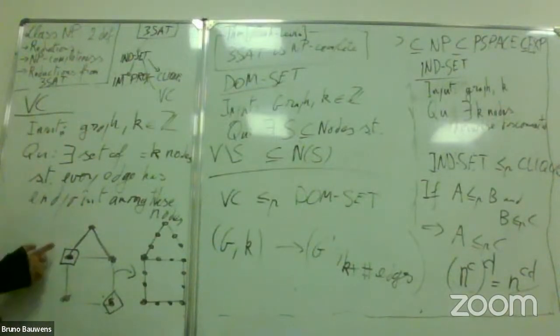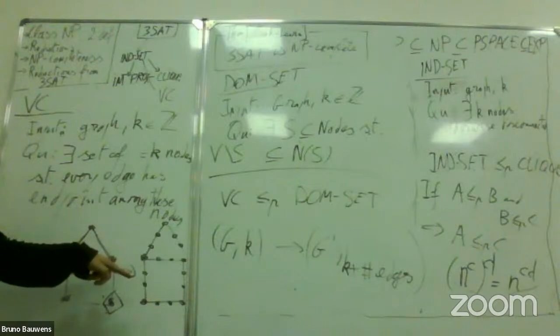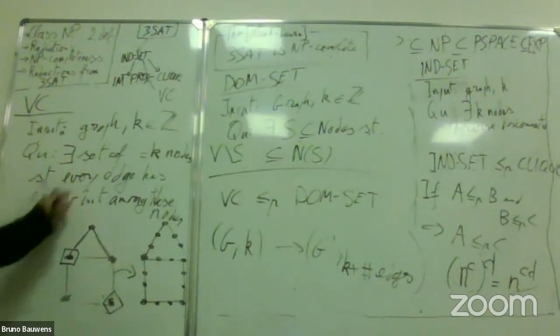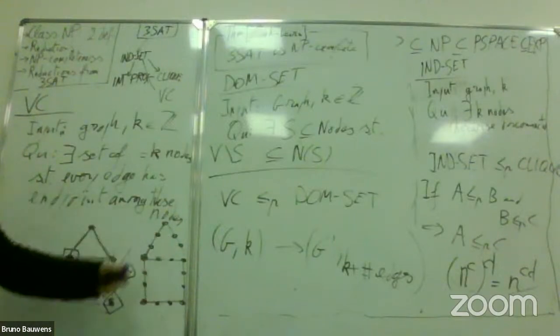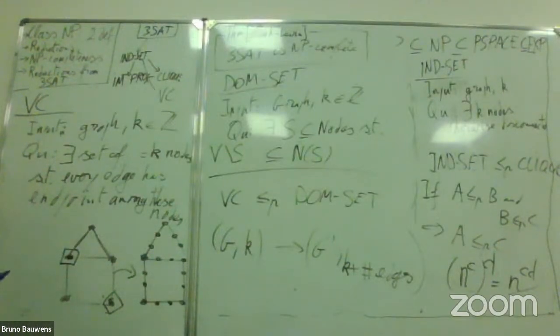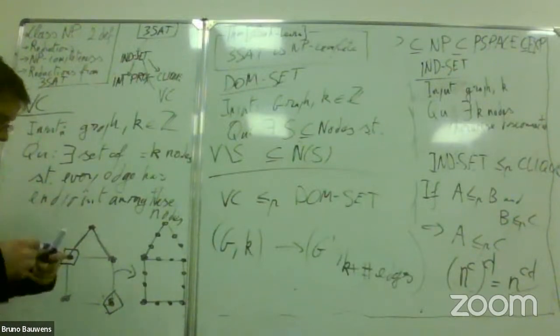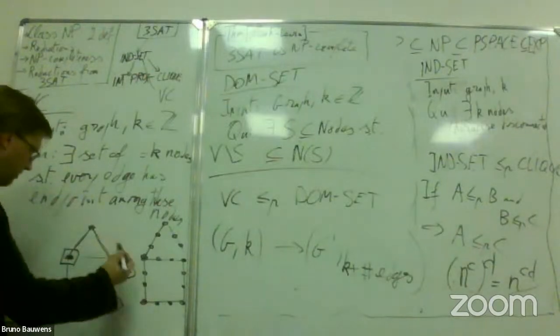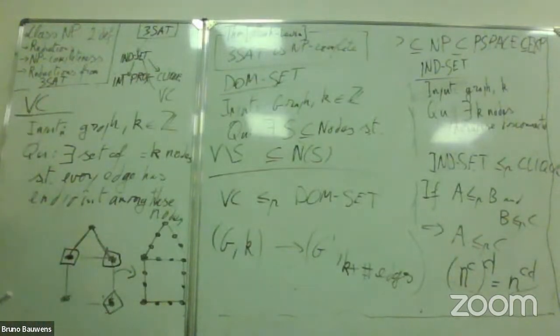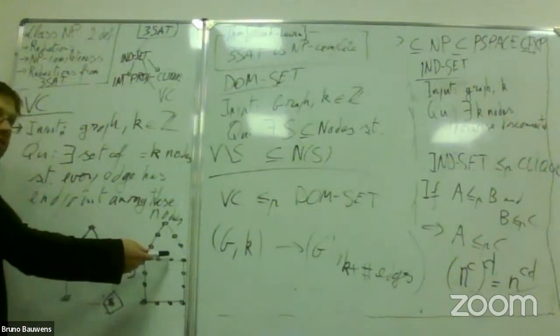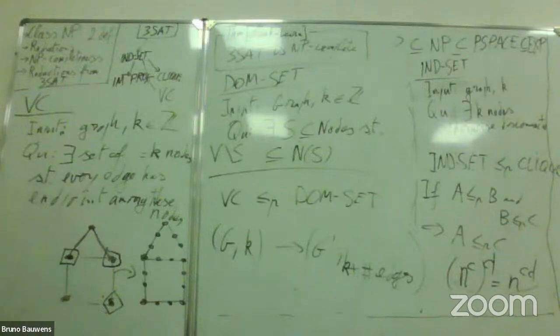So this reduction is done in polynomial time, clearly. Now I claim that if a vertex cover exists here, then we have a dominating set here, and we need a bit more for the vertex cover.